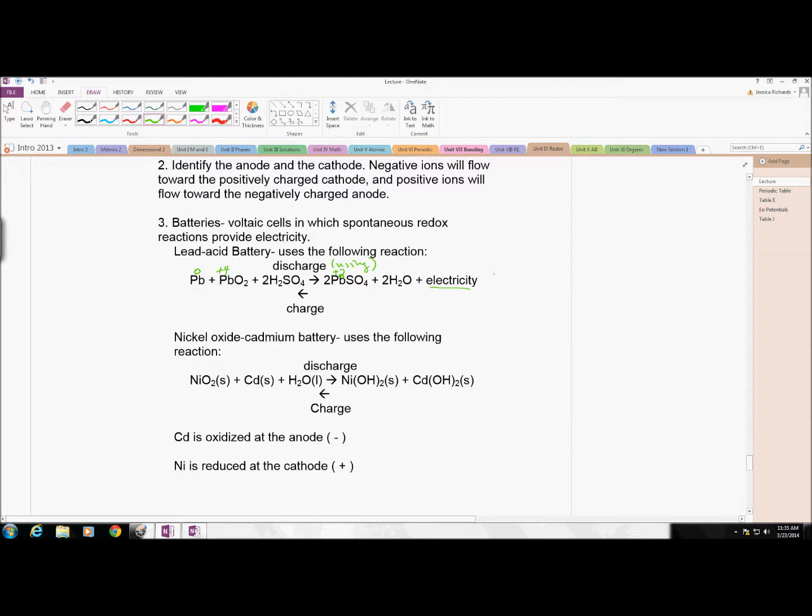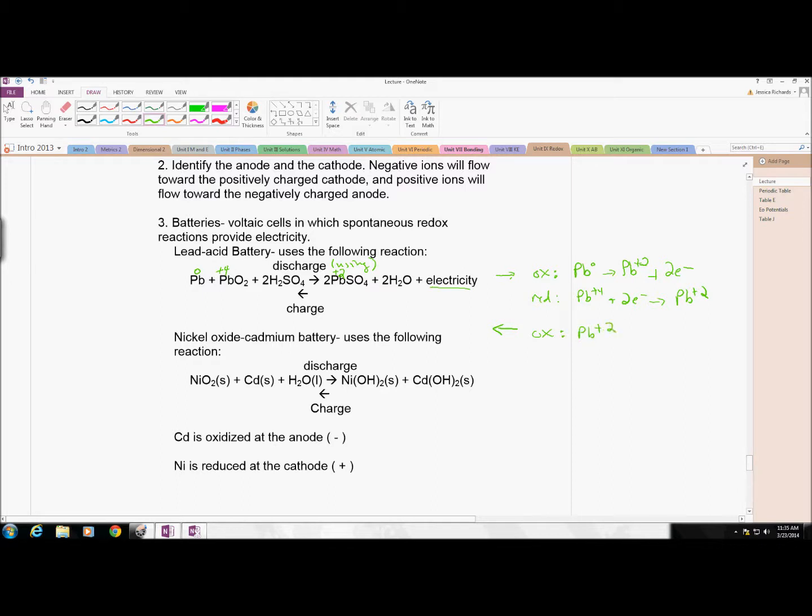So for the forward reaction, if you want to know what's oxidized, we have lead 0 turning into lead plus 2 by losing 2 electrons. What's being reduced is this lead plus 4 gaining 2 electrons and becoming lead plus 2. If we're looking at the charge reaction, all we have is lead plus 2.